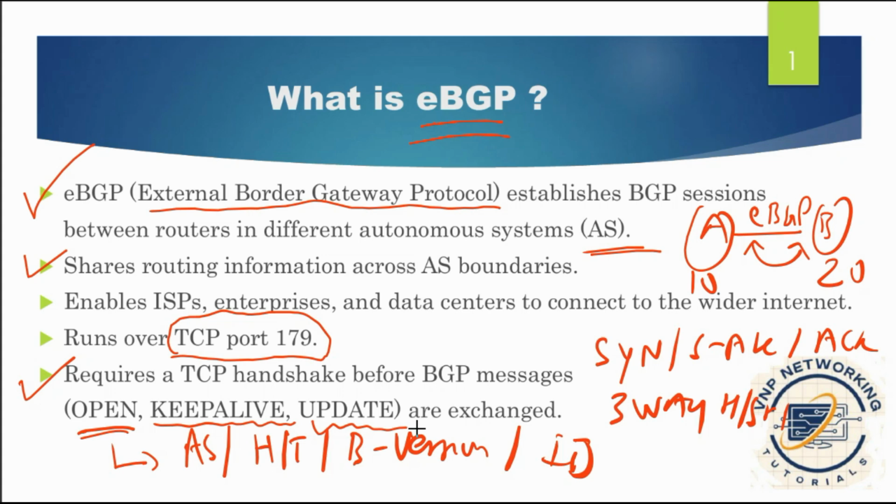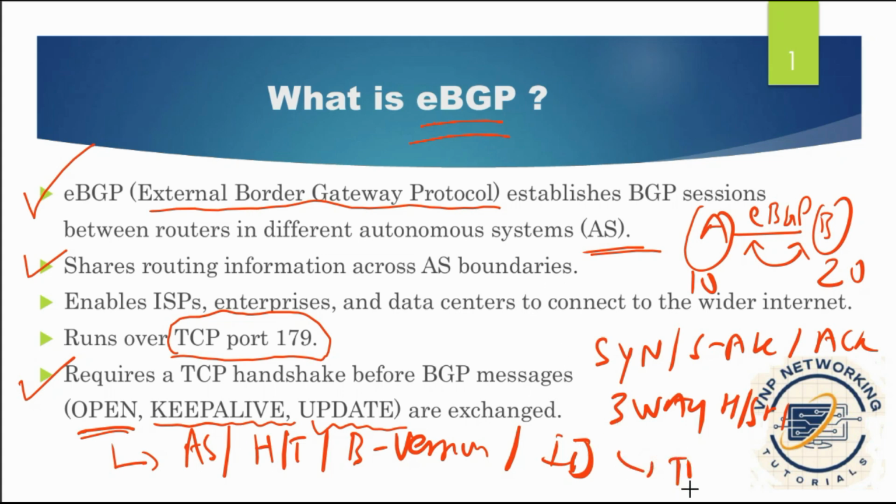One important point to remember is that eBGP neighbors are usually directly connected, and the default TTL value for eBGP is 1. That means the neighbor must typically be one hop away unless eBGP multihop is configured.